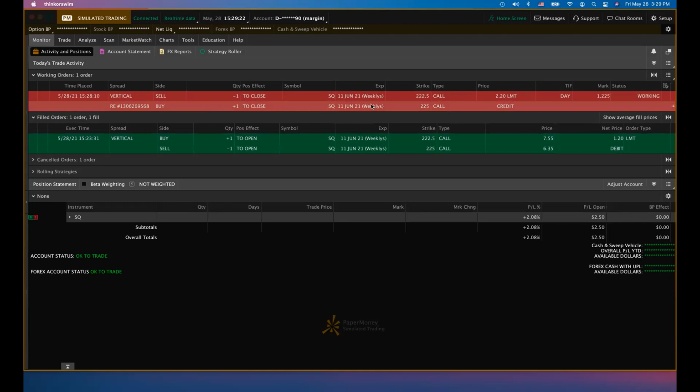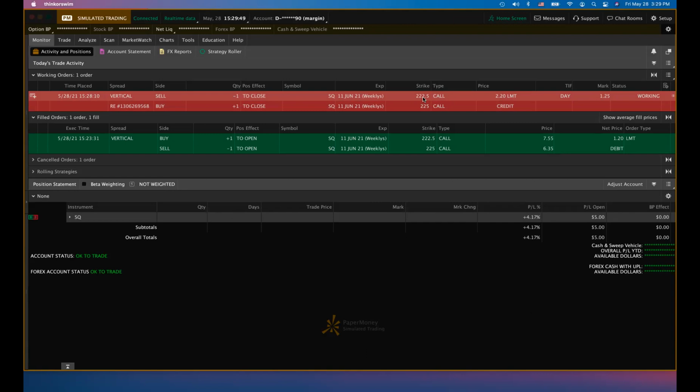I forgot that this was a $2.50 wide strike. The difference between my strikes, 220, 250, and 225, is $2.50. So the maximum value of this debit spread is $2.50, which means that if I put in a buyback order for anything more than that, I will never get filled. Nobody's going to buy it for more than it's worth.